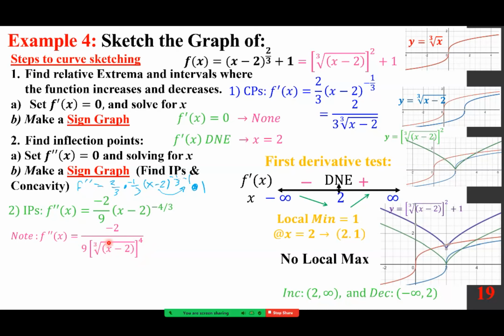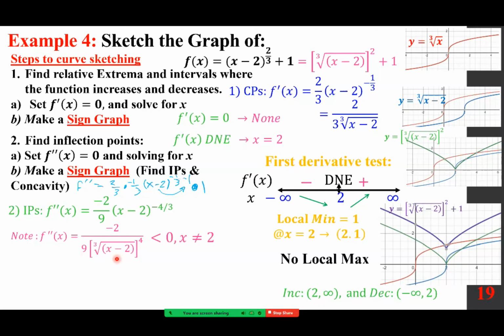Because this exponent is 4, an even number, whatever the number to the power of even becomes positive, times 9 is positive. Because the numerator is negative, it is always negative, except at x equals 2.